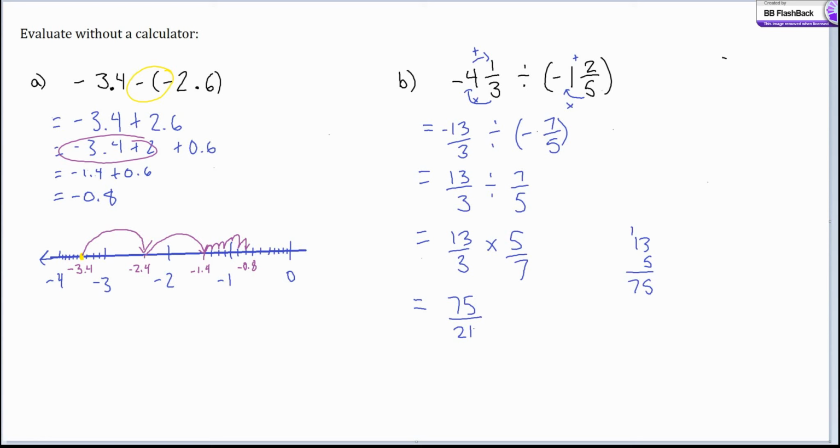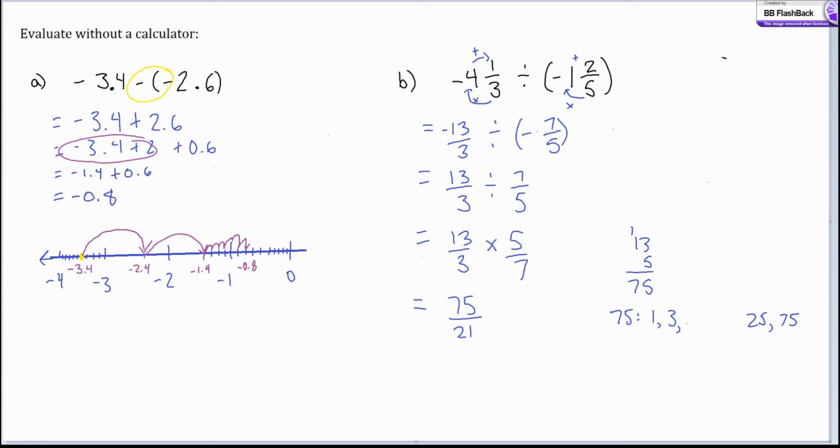Okay, can this be reduced? So what are the factors of 75? There's quite a few. 1 goes into 75. Does 2 go into 75? No, I don't think so. It's not an even number. How could it? No, 3? Does 3 go into 75? Yes, it does. On the other end we have 25. 3 times 25 is 75.